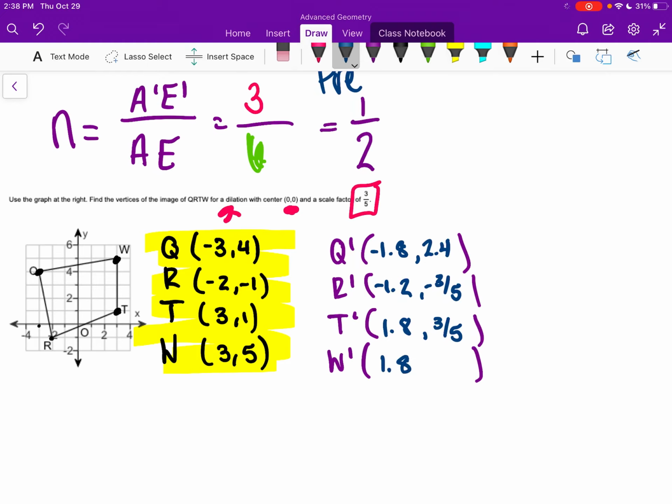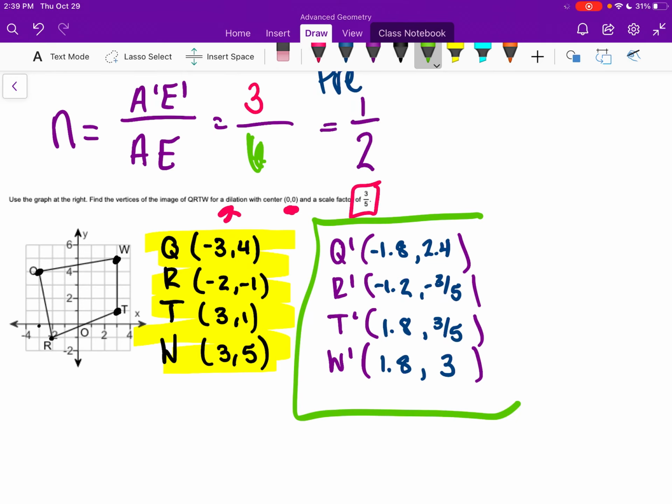Same thing, this would be 1.8. And 5 times 3/5 is 3. So these would be the vertices of my image after a dilation with a scale factor of 3/5. It should look smaller. It should be a reduction since that scale factor is less than 1.